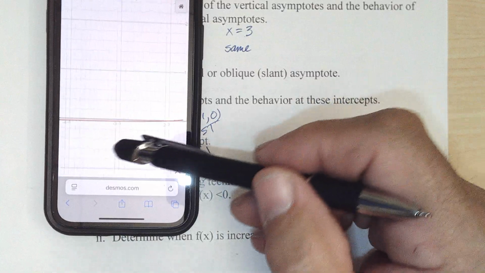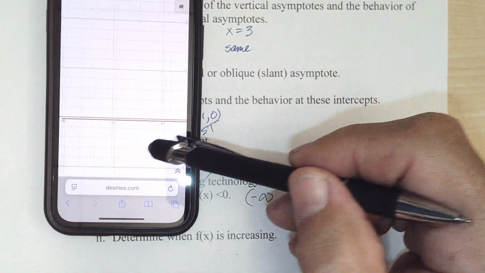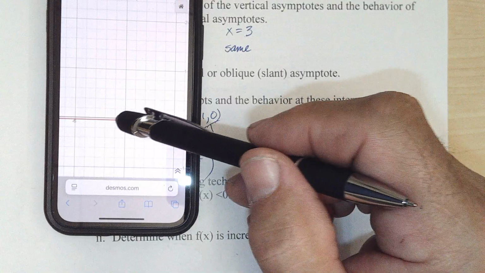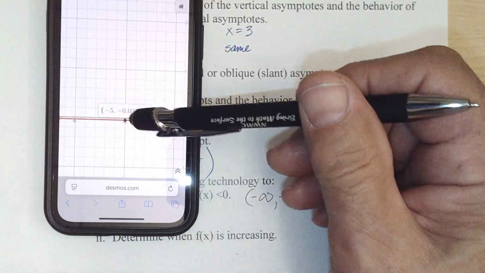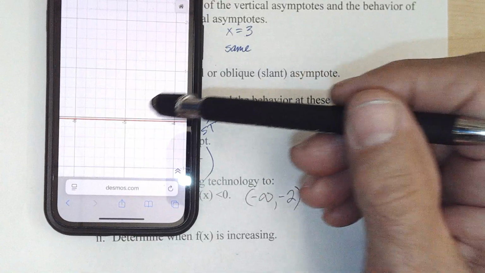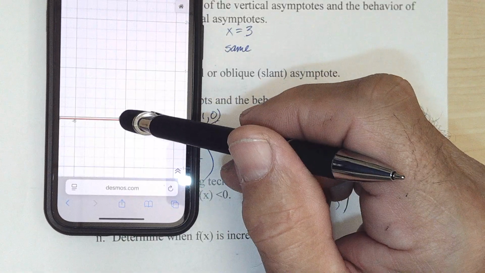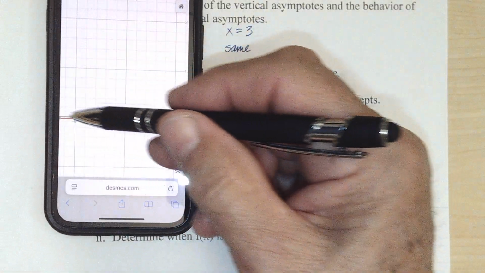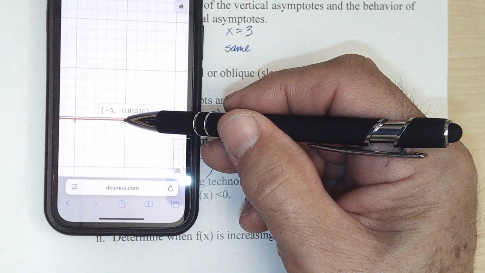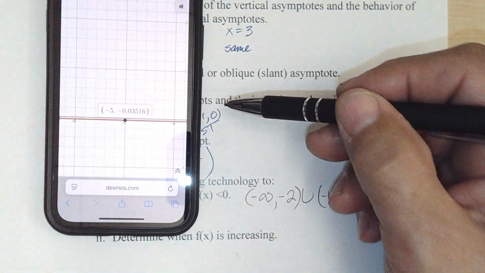And then all of a sudden it starts going back up. Since Desmos highlights it, that's telling me that's probably the minimum. So it's decreasing up to here, then it starts increasing.